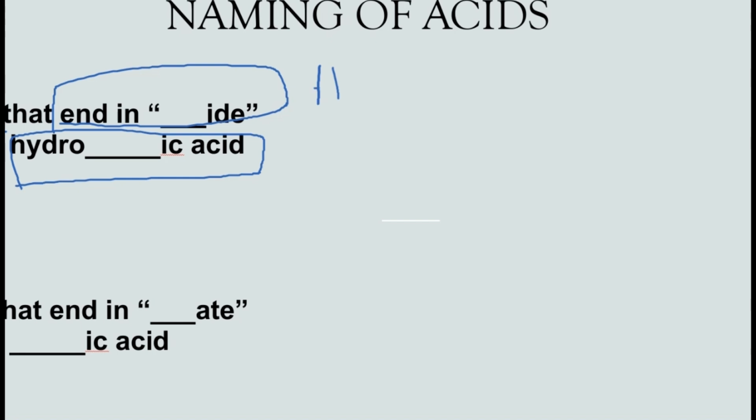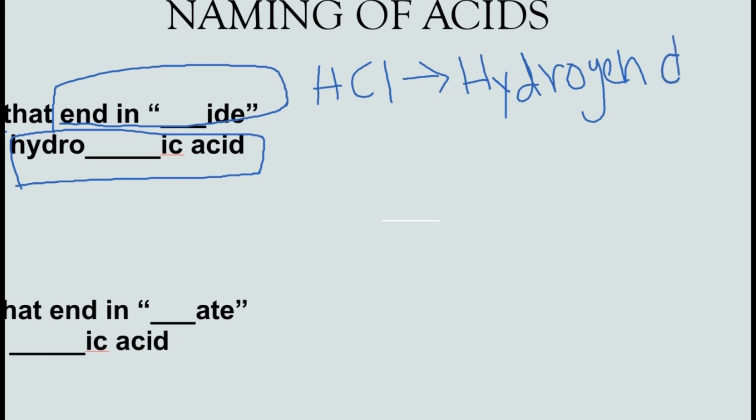Let's have a look at an example. Here HCl has 2 parts, H+ and Cl-. Cl- is the anion. If we were to name it like an ionic compound, we would name it hydrogen chloride, because hydrogen is the cation and chlorine is the anion, and we replaced the last 3 letters with IDE.